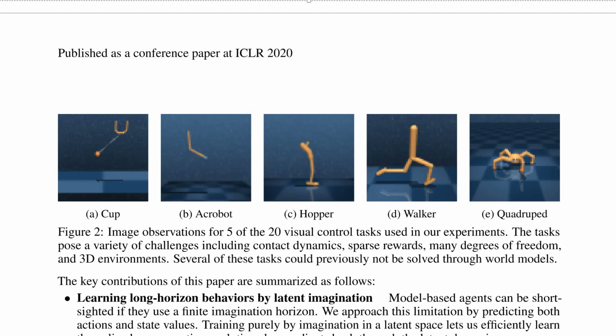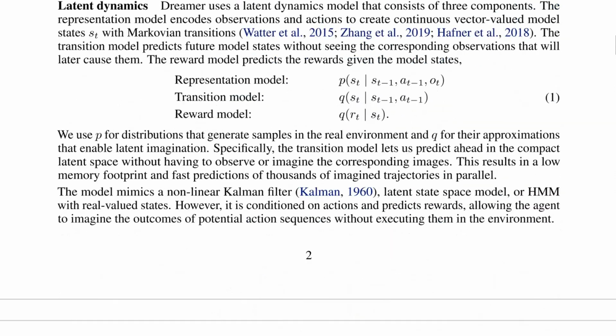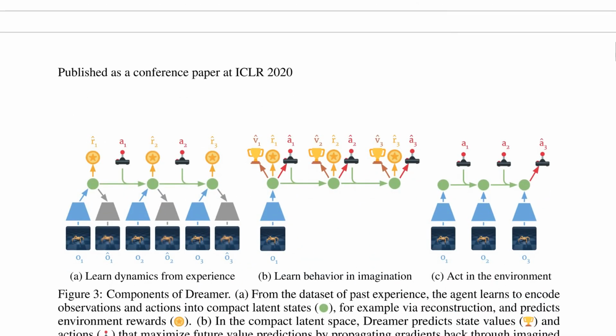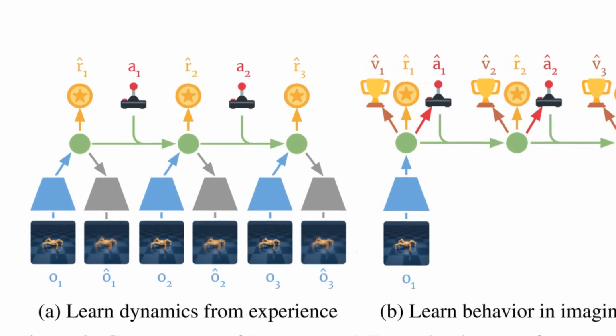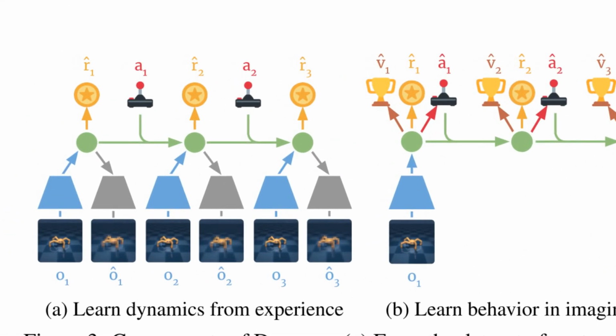So these physics-based robots, these hopper or walker types of tasks, where you have to control the joints in order to move forward. The goal is that you have multiple observations, as you do in reinforcement learning, and from each observation you need to somehow come up with an action of what to do.